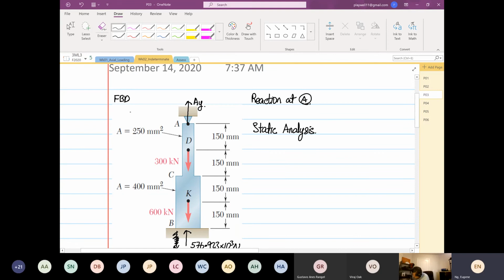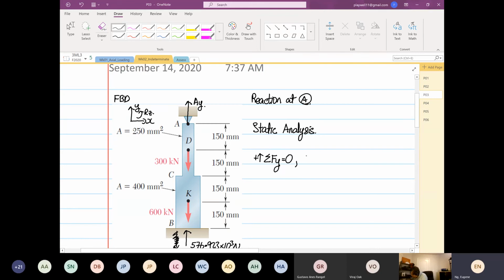So based on the transformation, this is X, Y, rotation about Z, right? So now we can have positive going up, summation of forces in the Y direction is equal to 0.